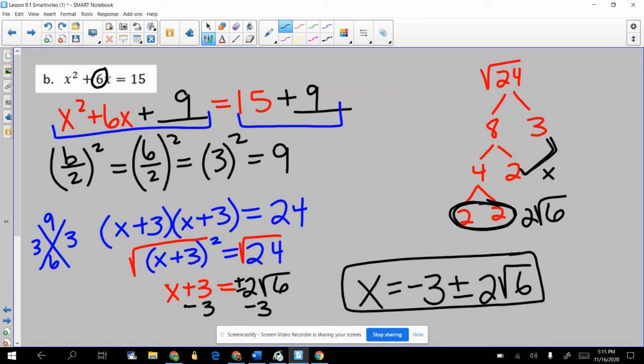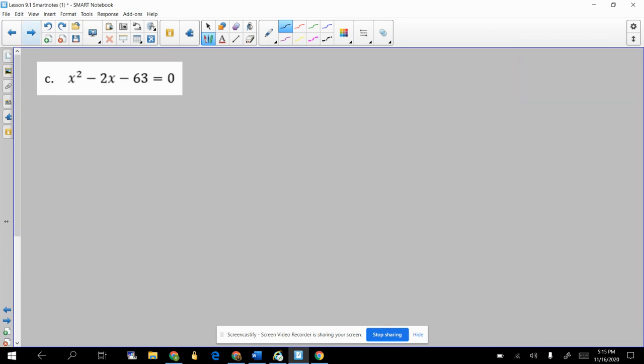And we don't need to break it up into 2 because we're not going to be able to simplify that 2 root 6 anyways, so you just leave it as is. As long as it has that plus or minus, we know that there technically are 2 solutions still, the positive and the negative.